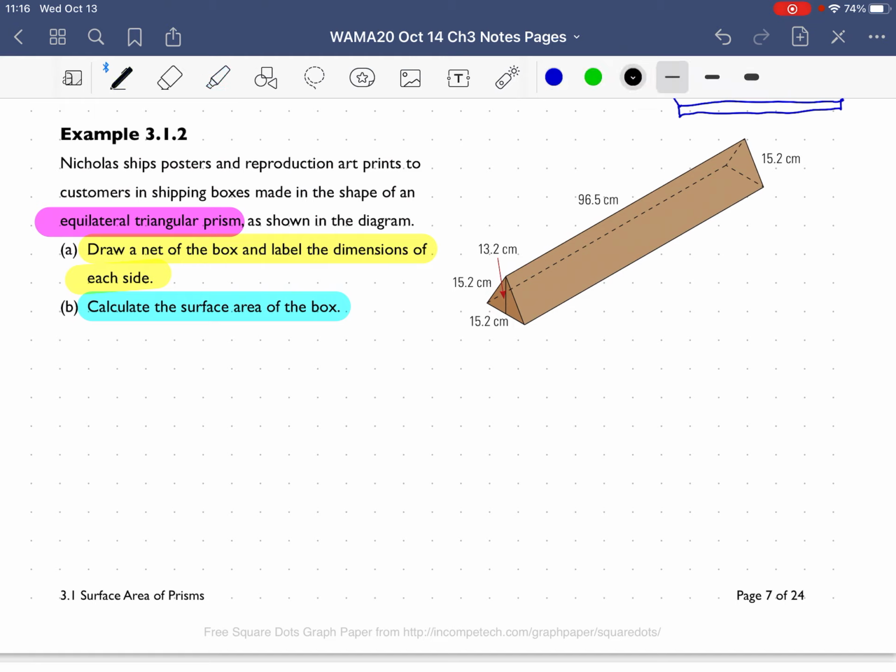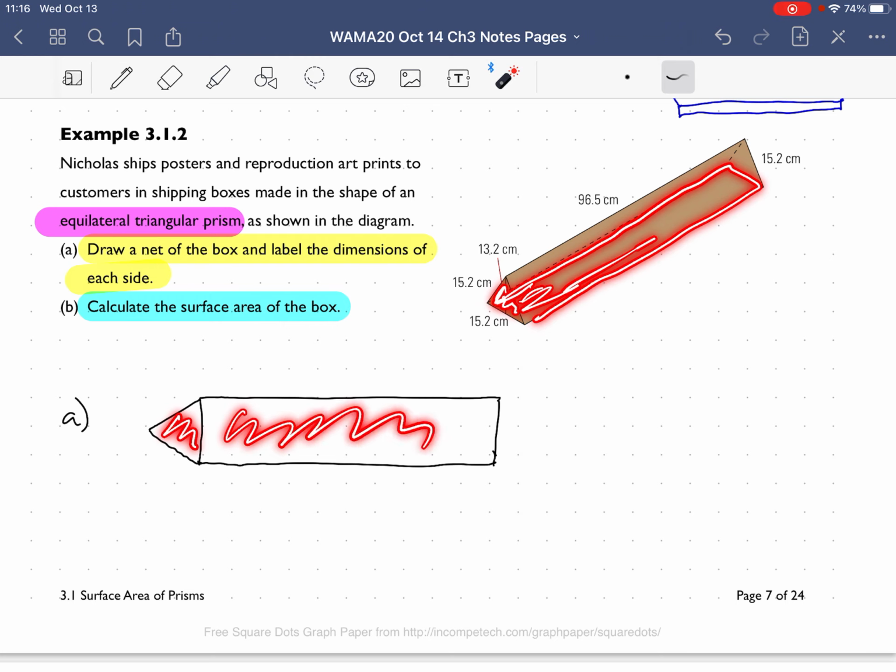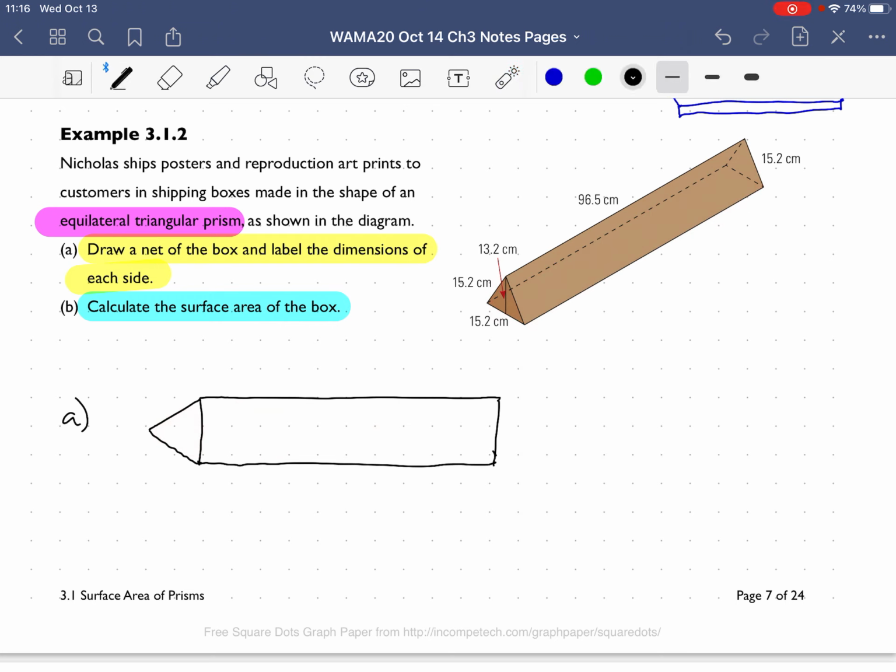All right, so this is an equilateral triangular prism. So let's draw the net. We've got a triangle at one side. Then we have a long box to the other side. What I'm drawing here is this triangle right here, and then this long rectangle here.